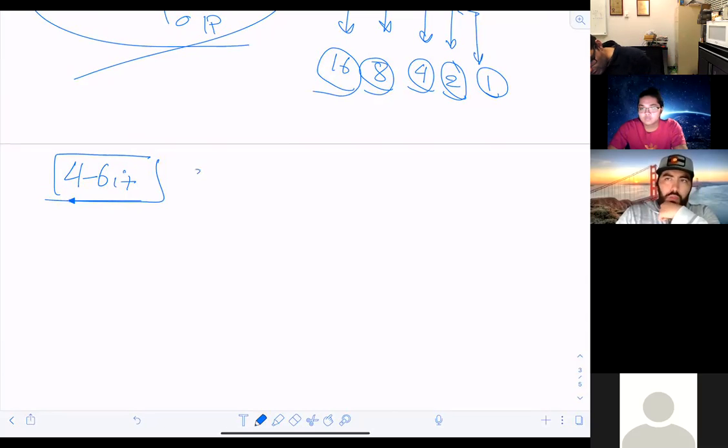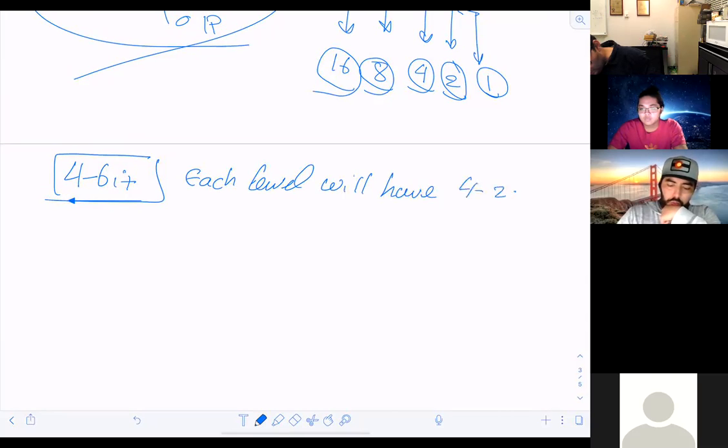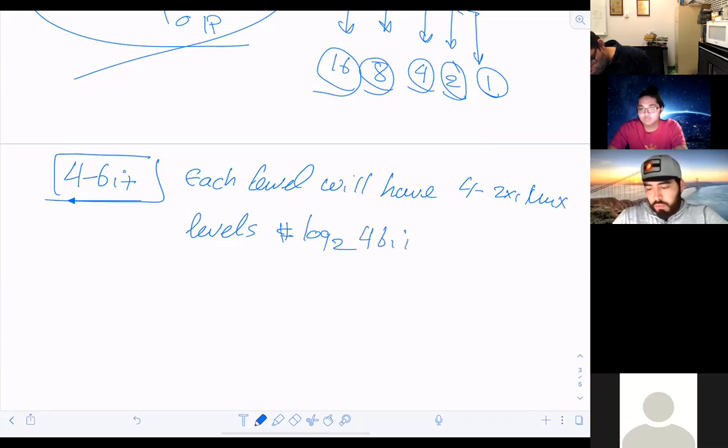So each level will have four 2x1 muxes. How many levels? It's going to be log 2 of the 4 bits.